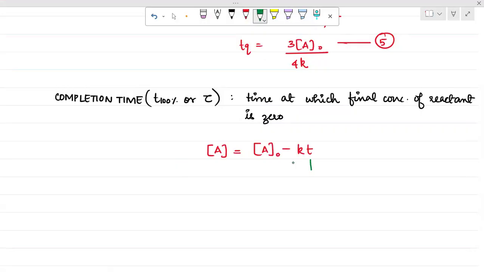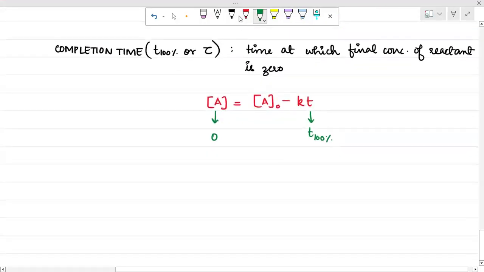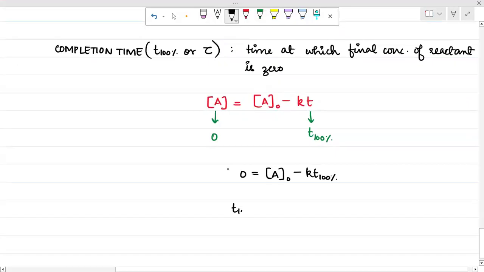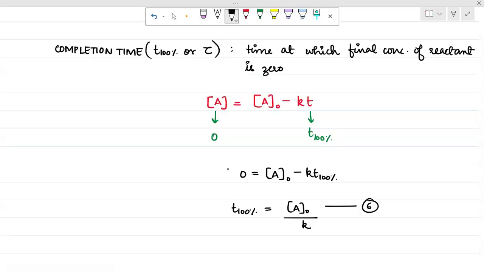Now we need to find the expression for t 100% and we know that the final concentration is going to be 0. So it is going to be 0 is equal to A naught minus k t 100. If I rearrange, t 100% is equal to A naught by k. Equation number 6.